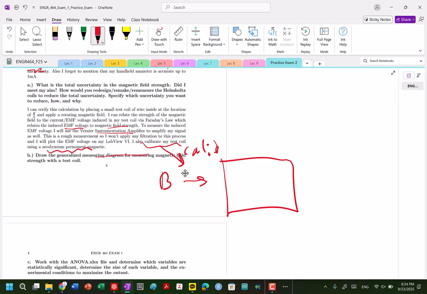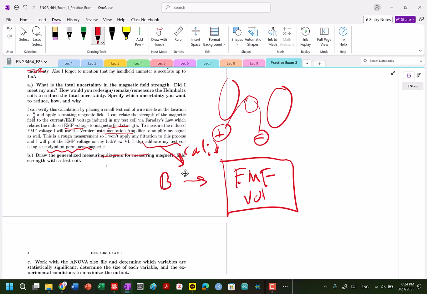I'm going to convert it first to an analogous signal, and that's going to be the EMF voltage of my test coil. So I put a test coil here and look at the resulting voltage. I'm measuring with the instrumentation amplifier. One goes to the positive and one goes to the negative terminal, and I'm measuring what that voltage is. So I'm converting it first to here.